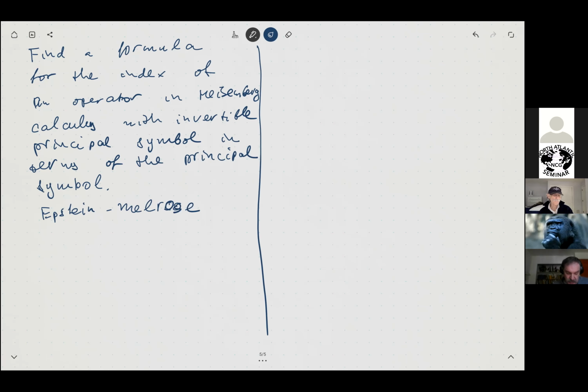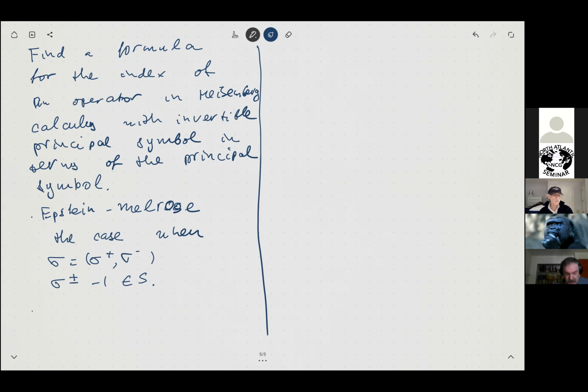So they did find a formula for the case when both sigma plus and sigma minus are Schwartz functions. Okay. So this in particular contains a much older case of Toeplitz operators and the Boutet de Monvel formula.